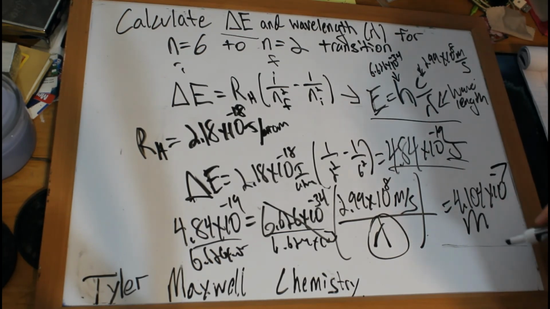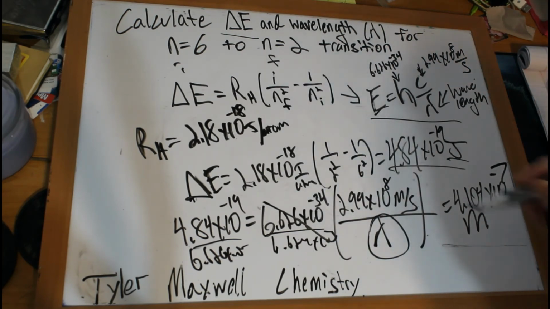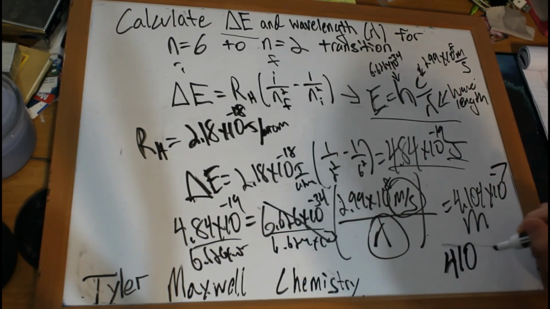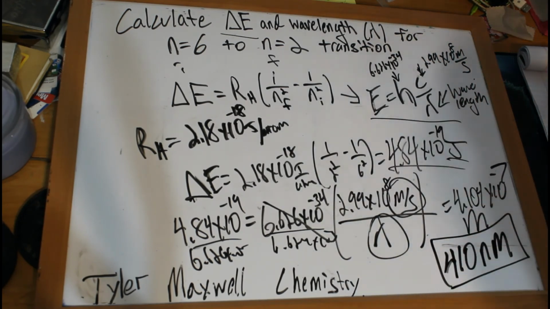So this is meters that you get here, because remember your speed of light is meters per second, right? So if we wanted nanometers, 10 to the negative 9, so basically 410 nanometers. So that would be the wavelength of light emitted by this transition.